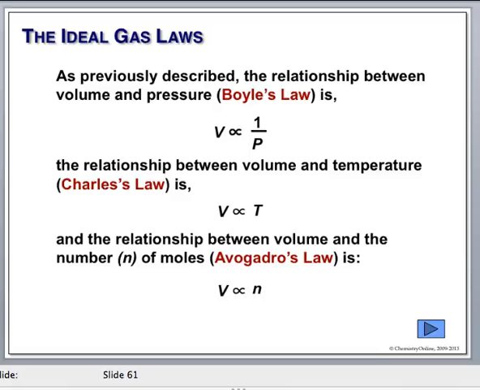Temperature goes up, volume goes up. And we just did Avogadro. Same sort of relationship. The number of moles goes up, the volume goes up. Those are our three basic gas laws. Let's just break here for a minute.